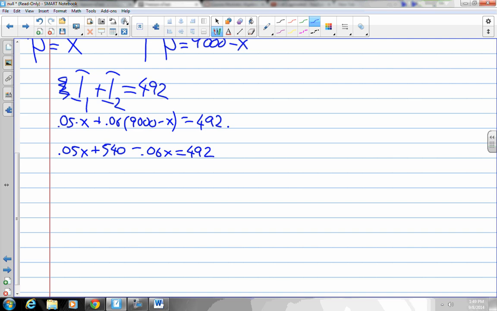Is that okay? Then if you combine like terms, that gives you negative 0.01x, and you subtract 540, so that looks like negative 48. Then you divide by 0.01, negatives cancel. So x equals 4,800.